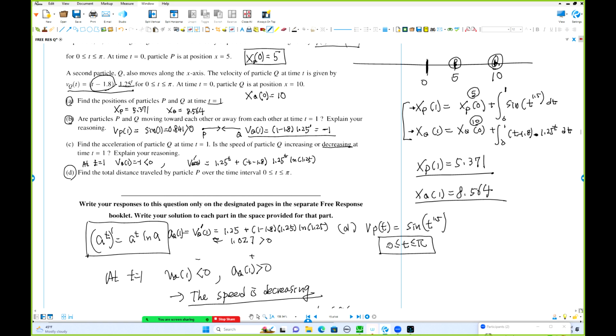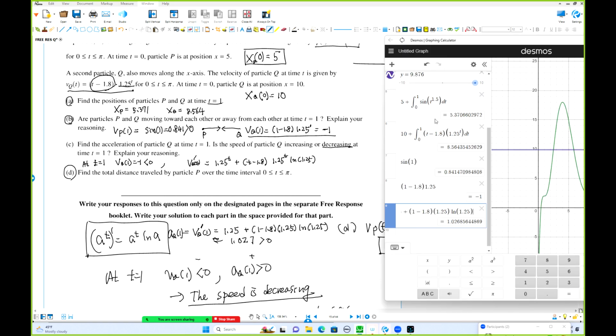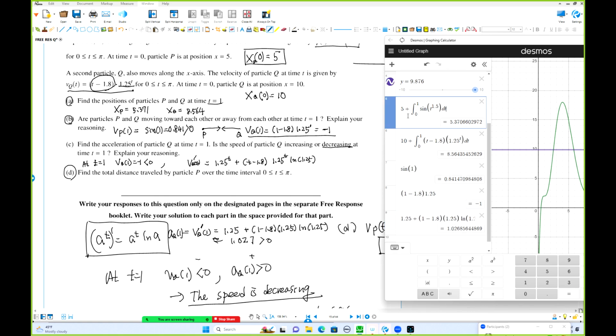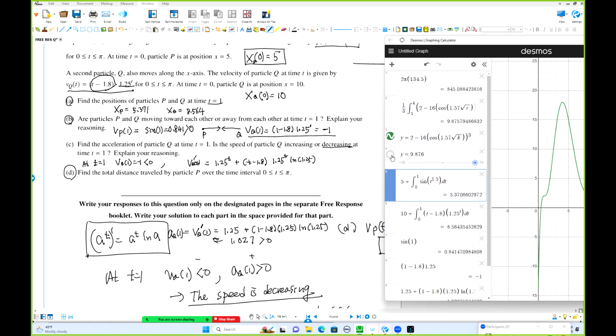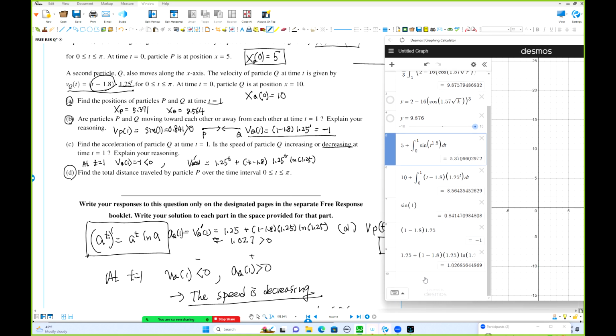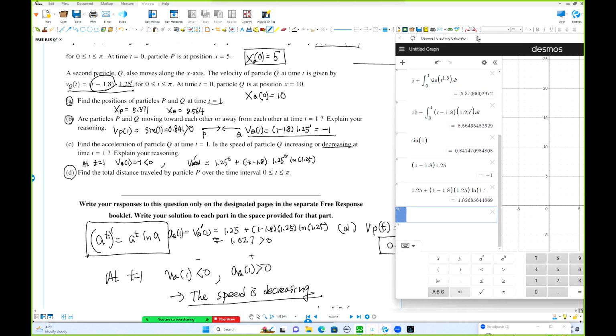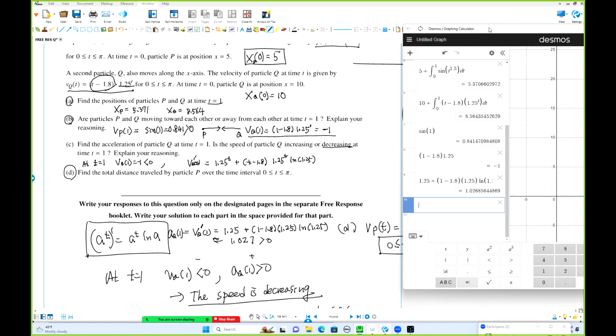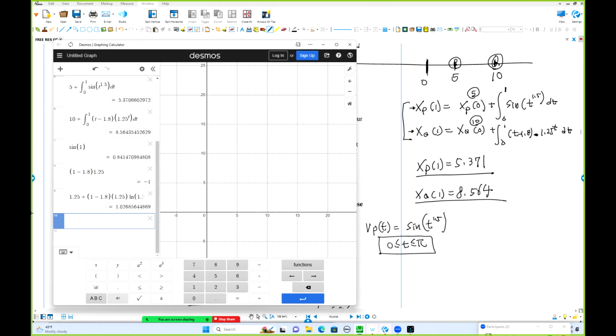Now let's find the graph of velocity. This is the graph over here. I'm gonna use the velocity graph, Vp equals y equals sine t to the 1.5.